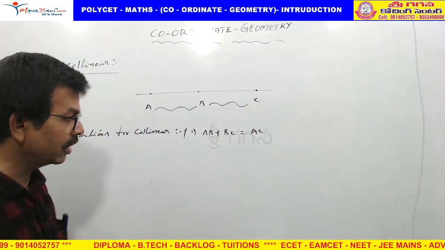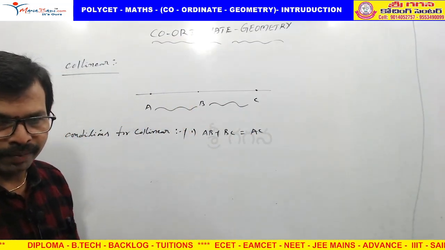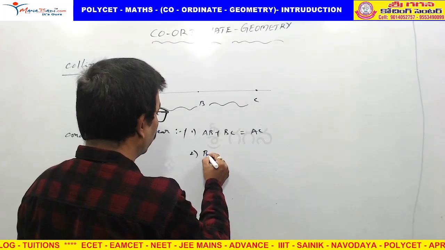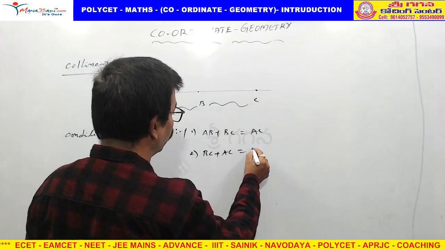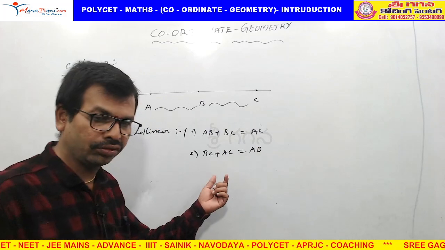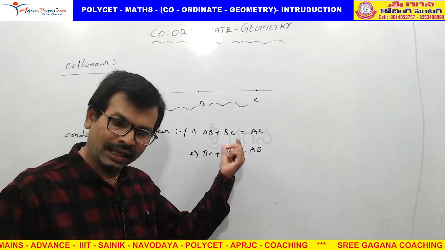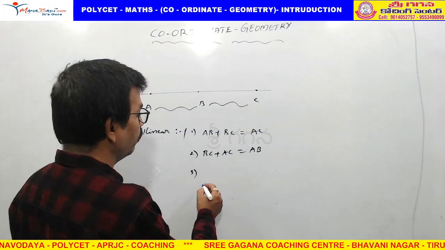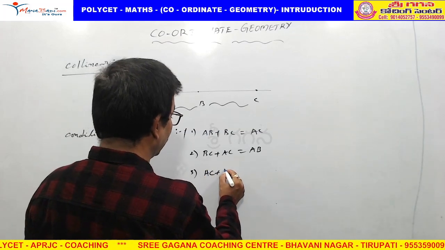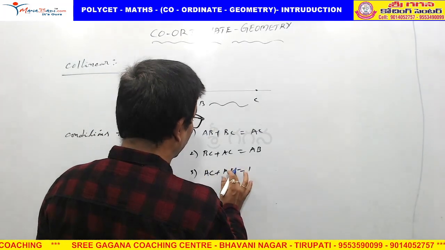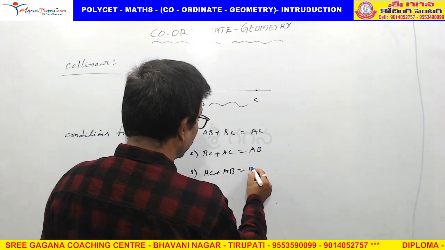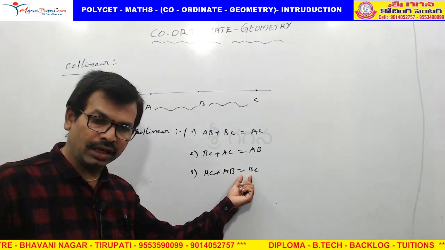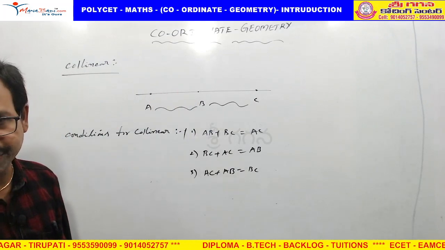If we satisfy this condition, that is collinear. Or else sometimes, BC plus AC equals AB; if the second condition is satisfied, that is also collinear. Or else the third condition, AC plus AB equals BC; if you satisfy this condition also, then it is collinear.